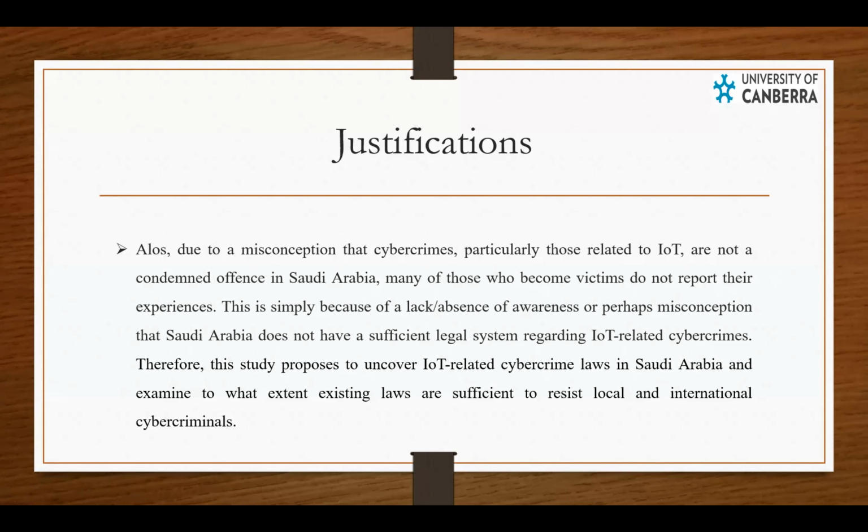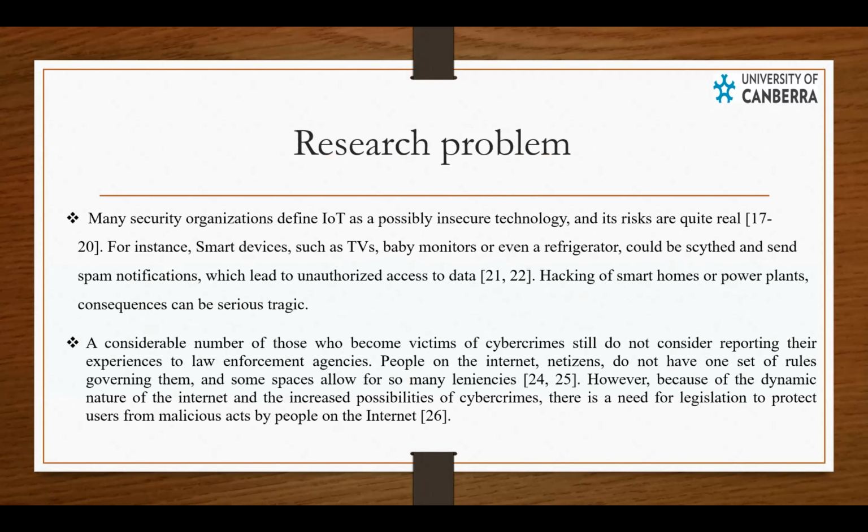Therefore, the study proposes to uncover IoT-related cybercrime law in Saudi Arabia and examine to what extent existing laws are sufficient to deter local and international cybercriminals.